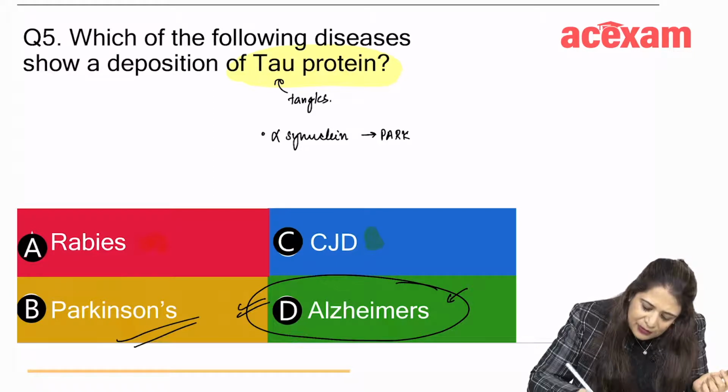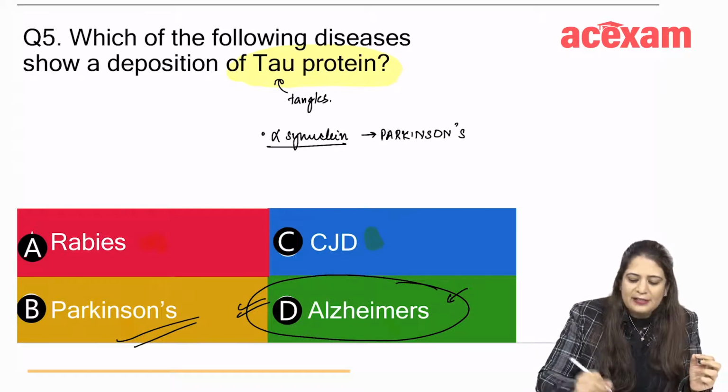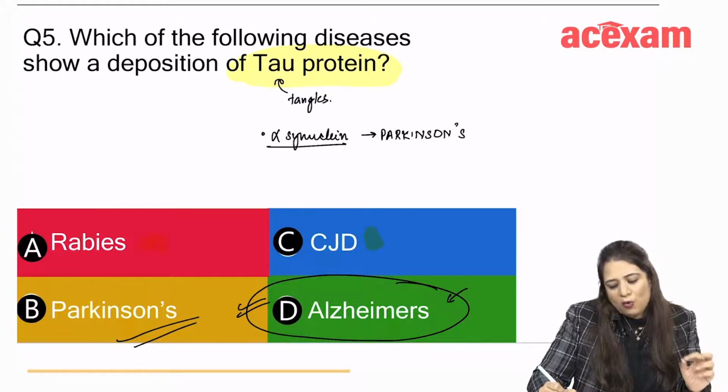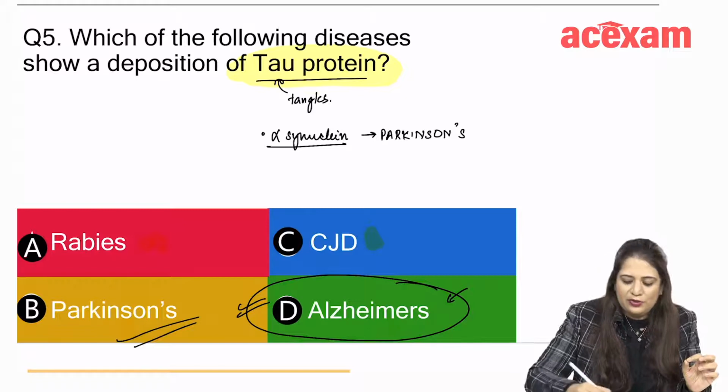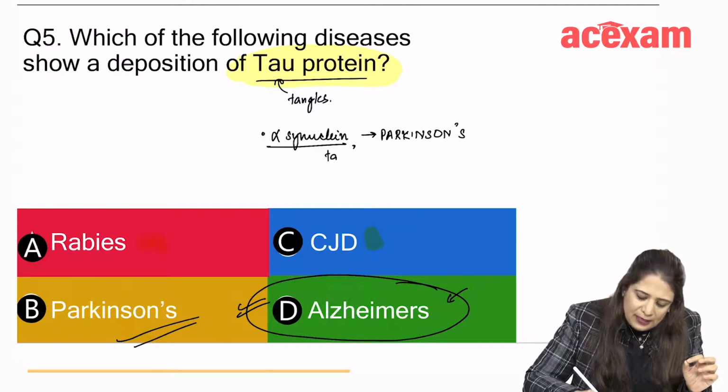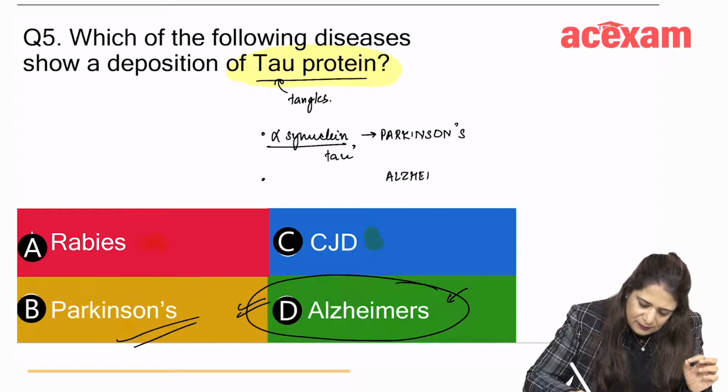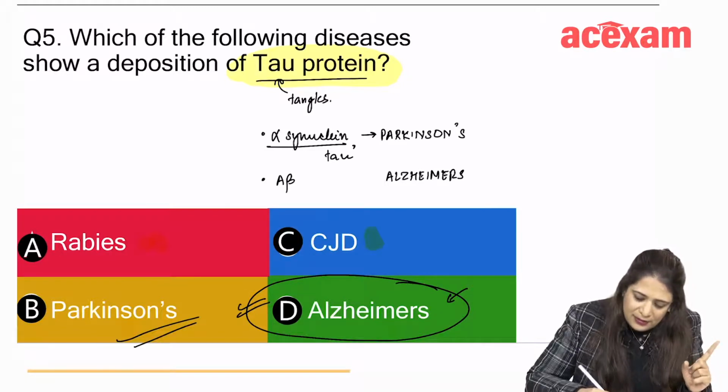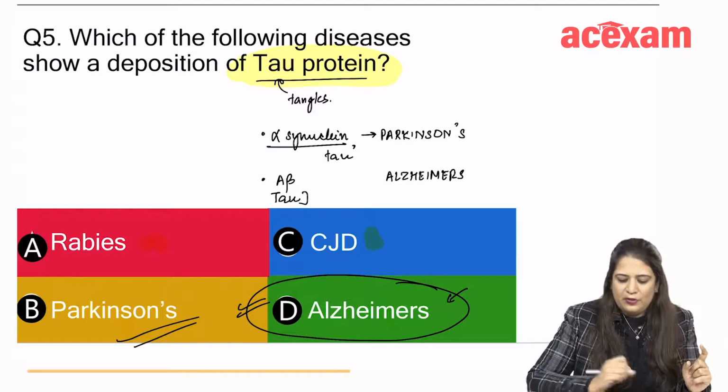So though Parkinson's is classically associated with alpha-synuclein deposition, it also has tau protein deposition. And Alzheimer's is associated with A beta protein deposition, which is amyloid, and besides that there is tau protein deposition.